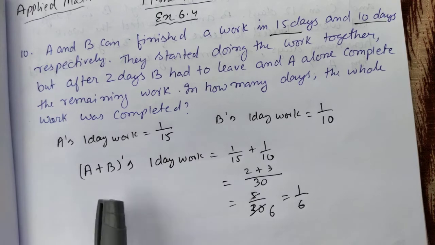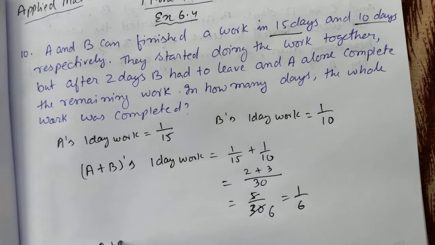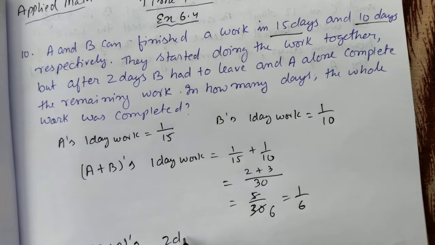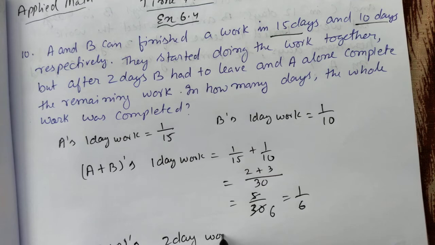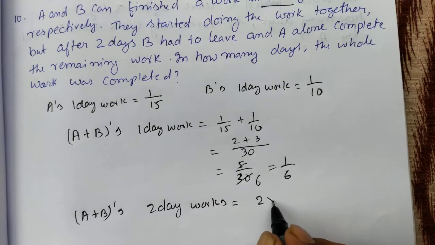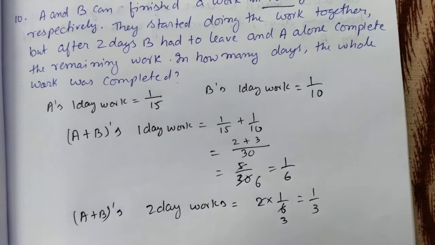So A plus B together 1 day work is this much. They have worked for 2 days, so I have to multiply by 2. We're getting 1 by 3.